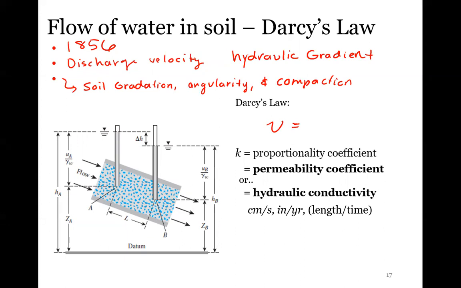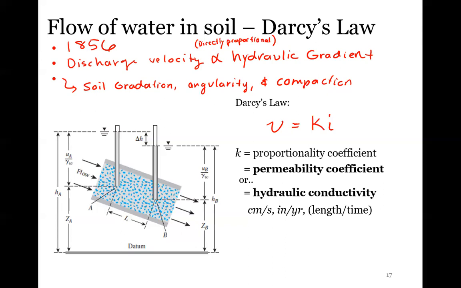This is directly proportional. I'm just going to write directly proportional. So it's equal to the hydraulic gradient, but the soil gradation, the angularity, the compaction, all of this stuff needs to be encompassed into a variable. And that variable, bringing it back to the beginning, is our K.